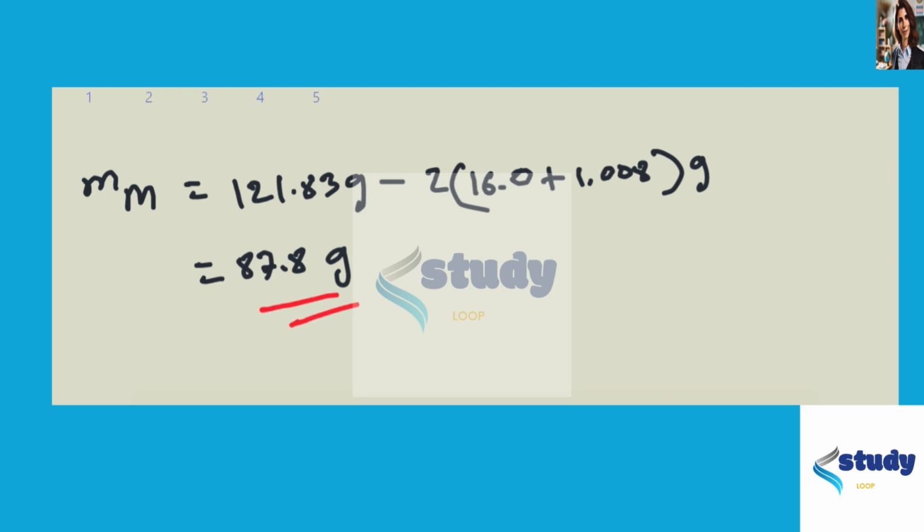So this is the molar mass of the metal, and if we compare it with the molar masses of group 2 metals, you'll see that strontium has a molar mass of 87.62. That means the unknown metal here is strontium.